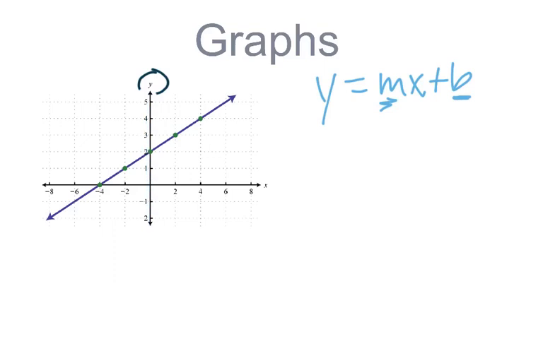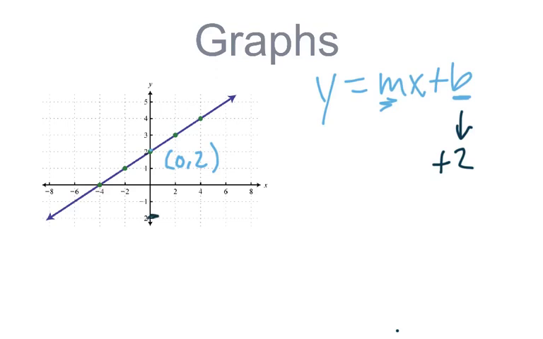And by looking, I can see that that point is right here. This point on the graph would be 0, 2. And so I know my y-intercept. It's also above our origin of 0, so this is going to be a plus 2 because it's a positive 2. All right, if it had been down here, it would have been a negative 2, but luckily we have a positive 2, so I'm going to plug that in.